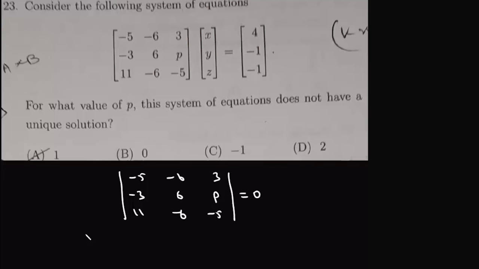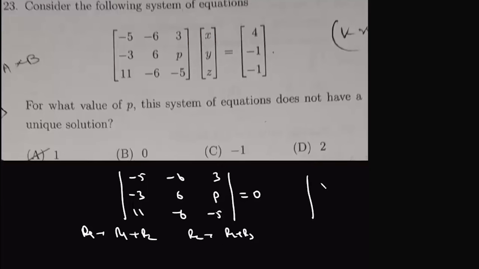Now in question number 23, we are given this matrix equation and it says for what value of p the system of equations does not have a unique solution. And we know that it will have a unique solution if the determinant is unequal to 0. So for a non-unique solution, this determinant should be 0. So this is minus 5, minus 6, 3; minus 3, 6, p; and 11, minus 6, minus 5, and it should be equal to 0. Now we'll write r1 as r1 plus r2, and we write r2 as r2 plus r3.